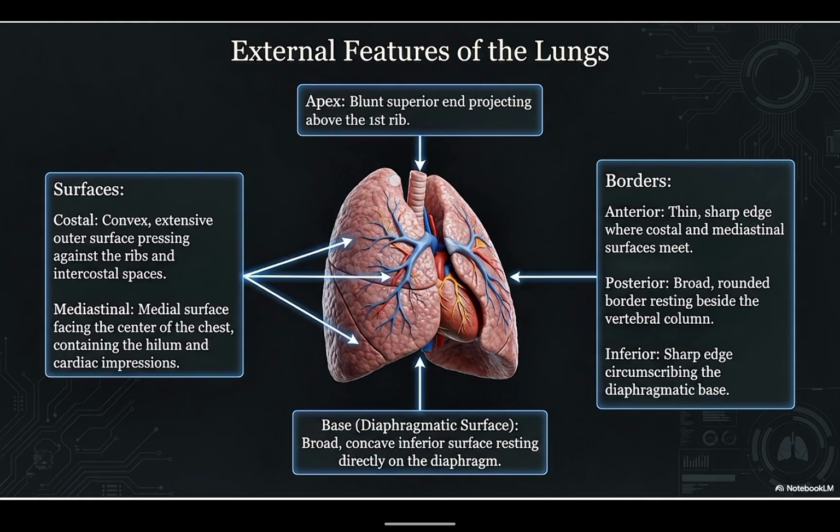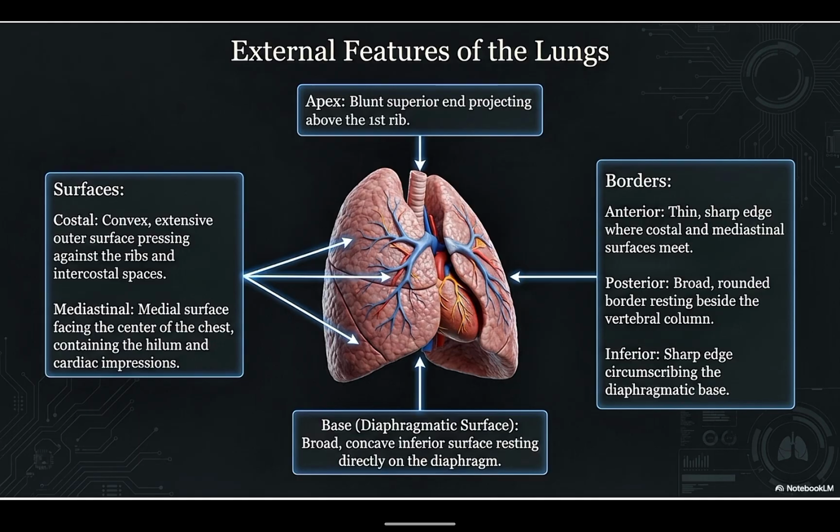The surface of the lungs facing the heart is called the mediastinal surface, and the costal surface is the surface facing the thoracic cage, which is the ribs and the sternum. So the mediastinal surface and the costal surface meet at an edge, and that edge where they meet is called the anterior border of the lungs.